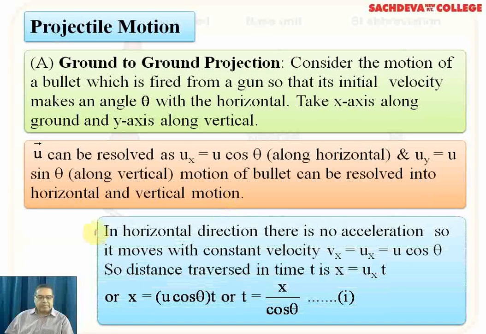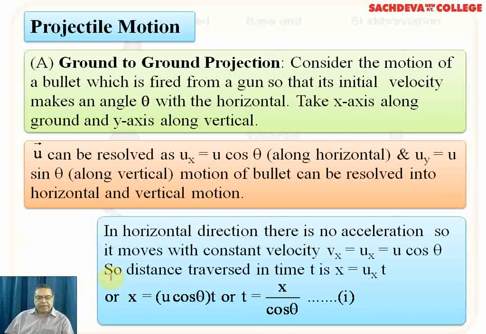In the horizontal direction, there is no acceleration, so it moves with constant velocity, and this velocity is given by Vx equal to ux equal to u cos theta. If the angle of projection is not given, then in that case Vx and ux will be equal. But here the angle of projection is theta.